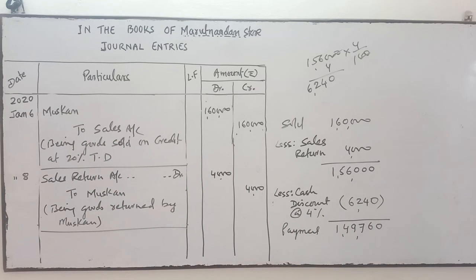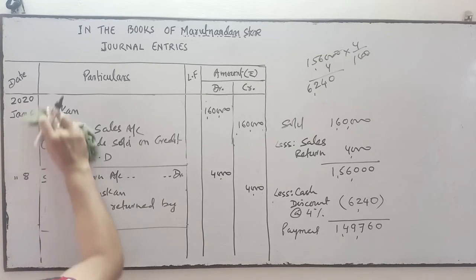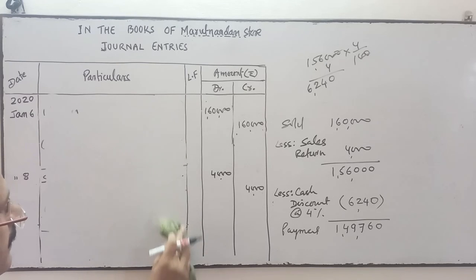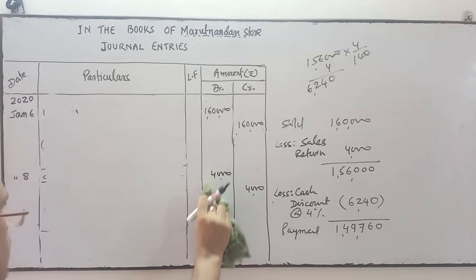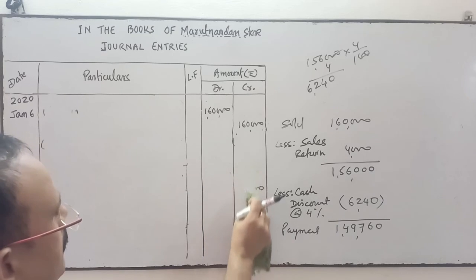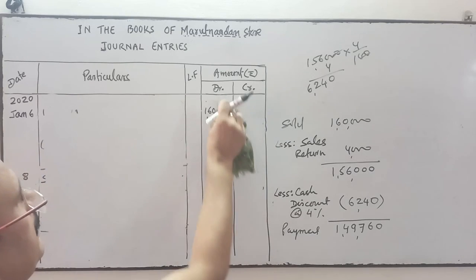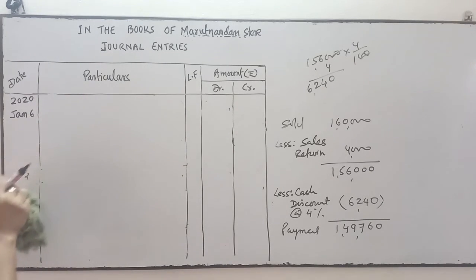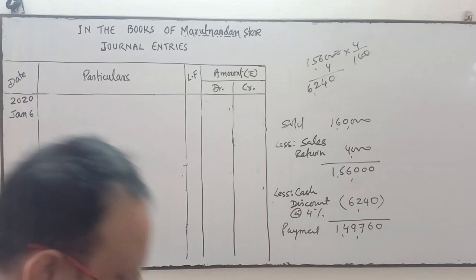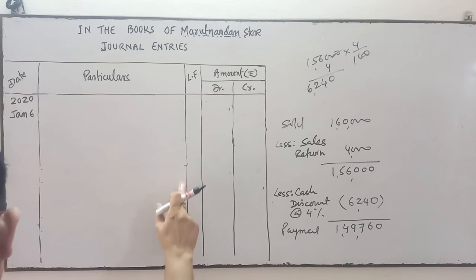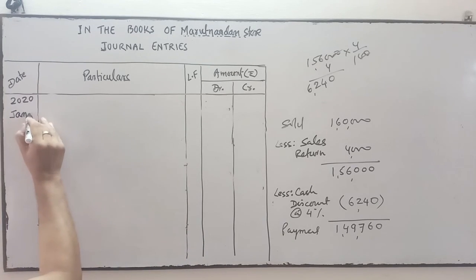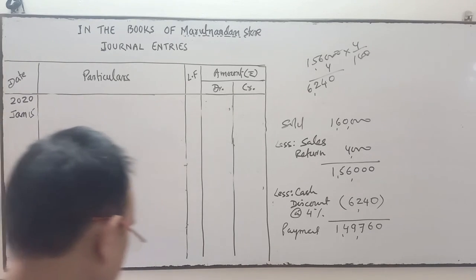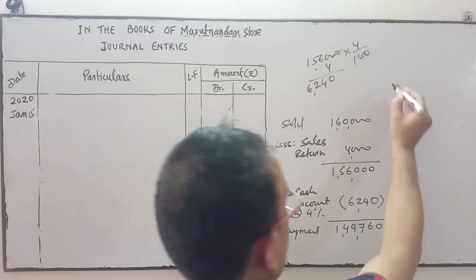So the next entry for this transaction will be, let's say not the third entry, the third and last entry. The date of this is January 15. So received from Muskan.